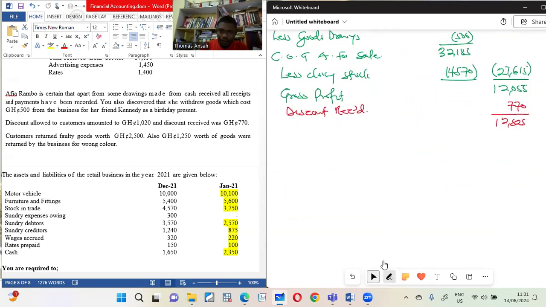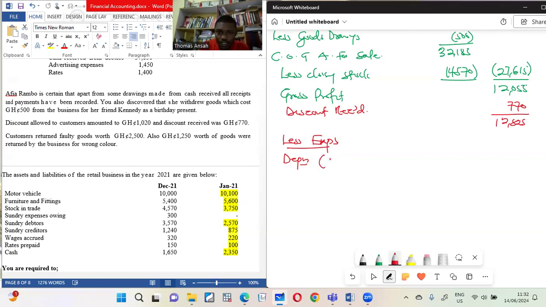Then it's time for us to less our expenses. From here, we know that there is depreciation. Be careful and spot that, because this one was 10,100. At the end of the year, it's 10,000. What will only cause your fixed asset to go down is depreciation.